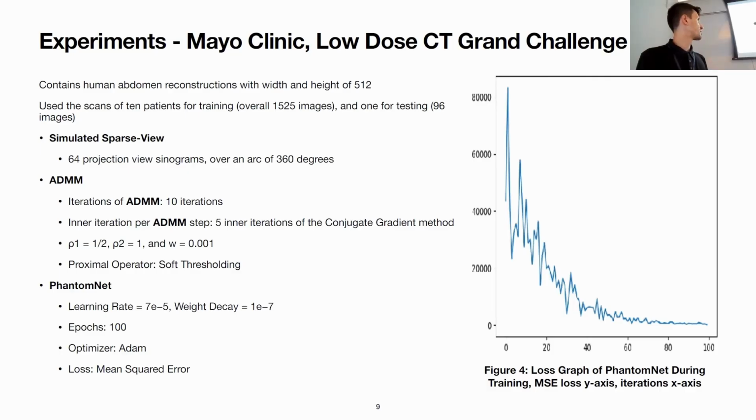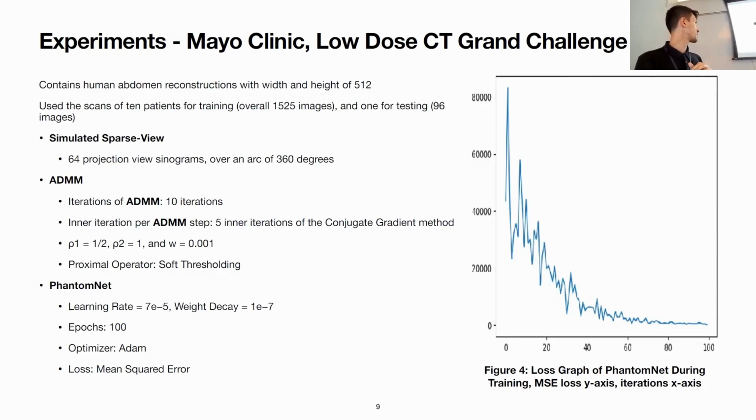And then we use 5 iterations per ADMM, for which we utilize conjugate gradient, and rho 1, rho 2, and the weight of the regularization term are handpicked. The proximal operator for ADMM was soft-thresholding. Regarding the training of the deep learning model, we have the learning rate and the weight decay.